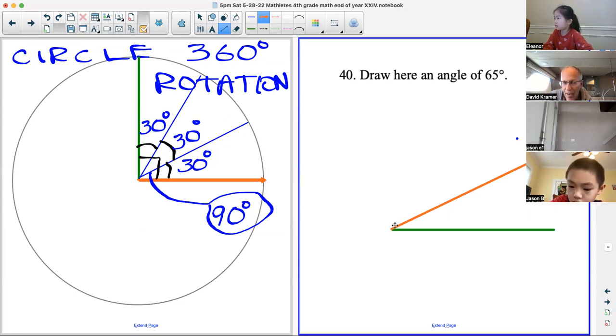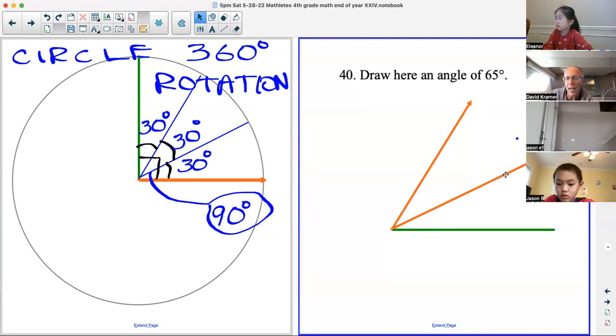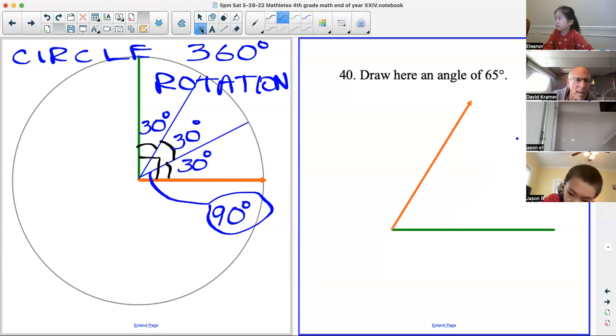And then I'm going to take another 30-degree angle, but instead of copying it, I'm going to move it over 5 more degrees. So I would say that this angle right here, and label it, everybody, is 65 degrees.